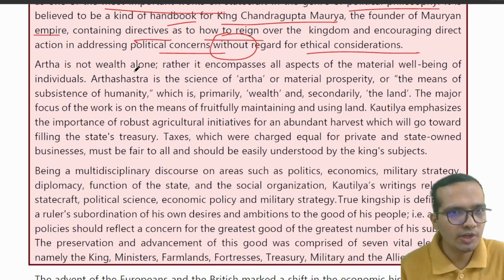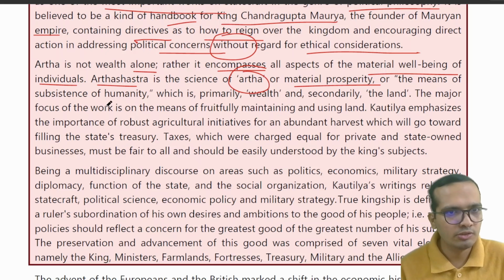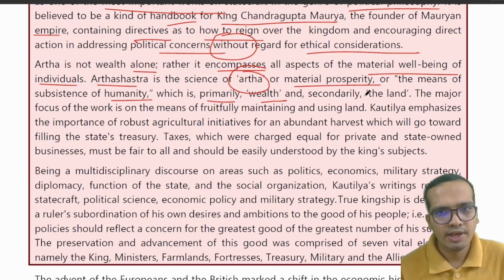Artha is not wealth alone; rather, it encompasses all aspects of the material well-being of individuals. Arthashastra is the science of artha, or material prosperity, or the means of subsistence of humanity, which is primarily wealth and secondarily the land. The major focus of the work is on the means of fruitfully maintaining and using land.